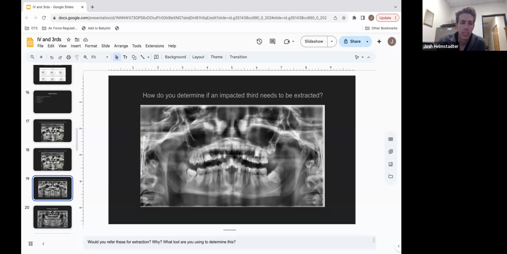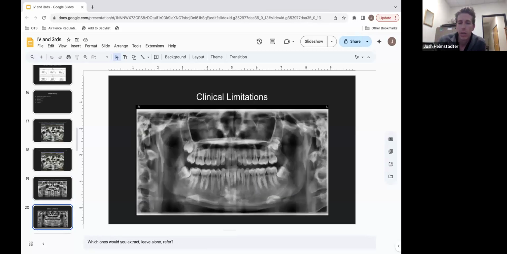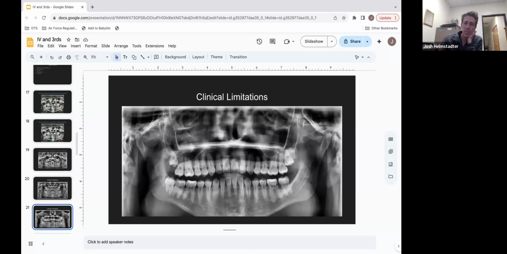These are just so you guys can be aware of some cases that I'm comfortable with. These are some cases that I've done. In this case, I extracted 1, 17, and 32. 16 was left. In this case, I did 1, 16, 32. This one is another case where you should get a CBCT if you look at the roots of 32.